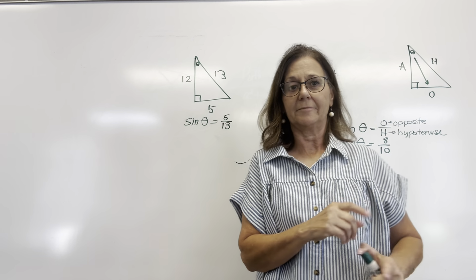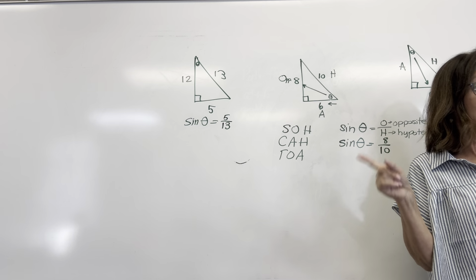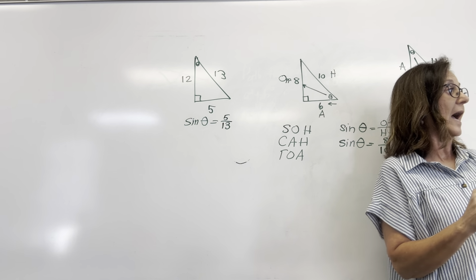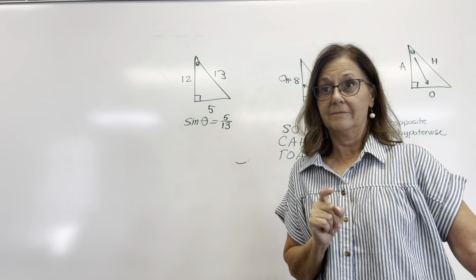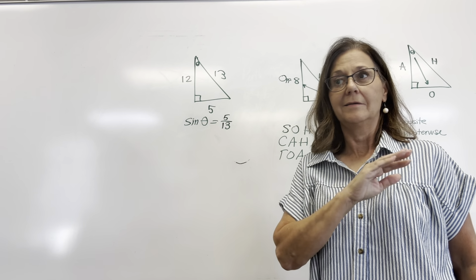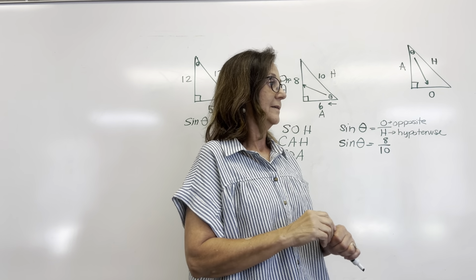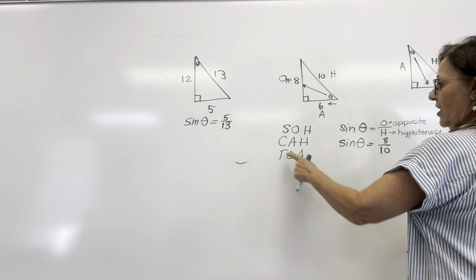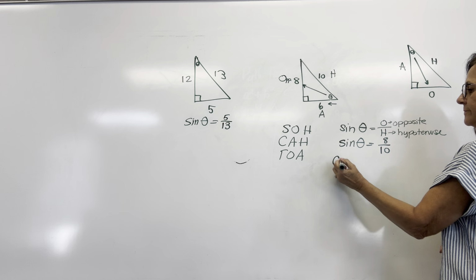Now, S-O-H: sine of an angle equals the length of the opposite side over the length of the hypotenuse. Got it so far? This is an intro, because when I teach it for the first time, it's nice for y'all to have heard these terms. Now, CAH, that's the cosine.